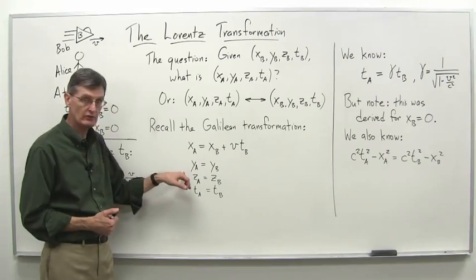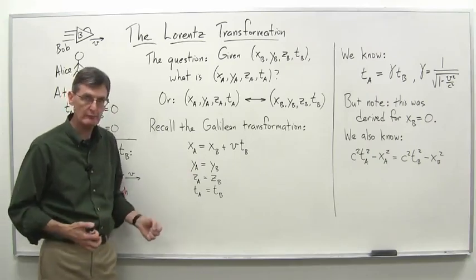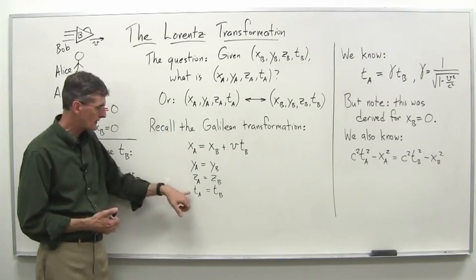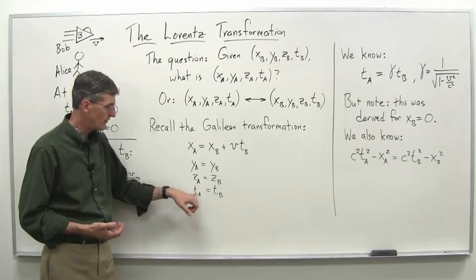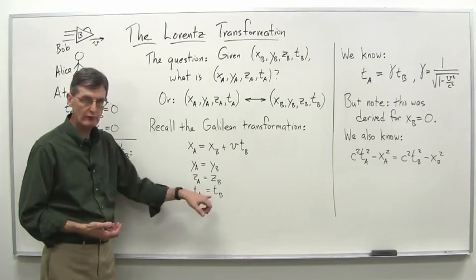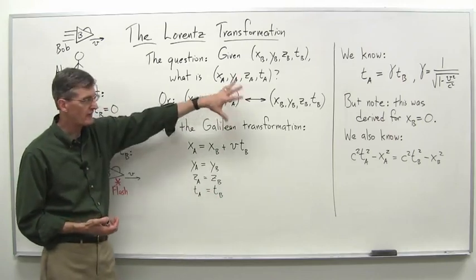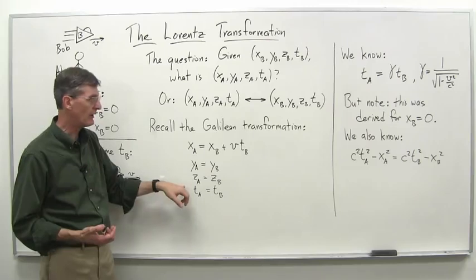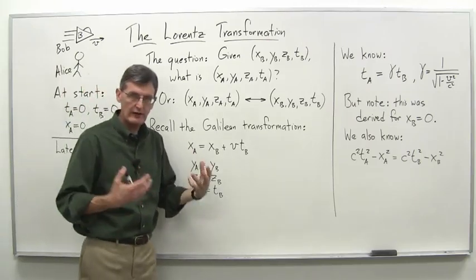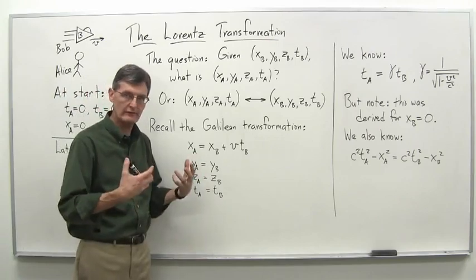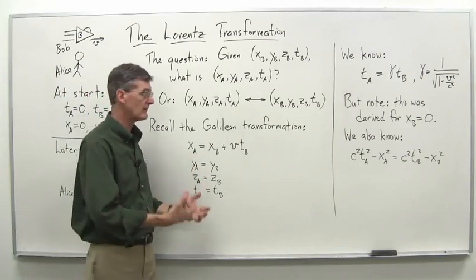They're not changing, and we essentially have ignored them in most of our examples, but to be complete, you could put those in here. And a key thing for the Galilean transformation is that time was the same in both frames of reference. Now we know, and we'll get to the details of this in a minute, that from Einstein's two postulates we derive the fact that time dilation occurs and length contraction as well.